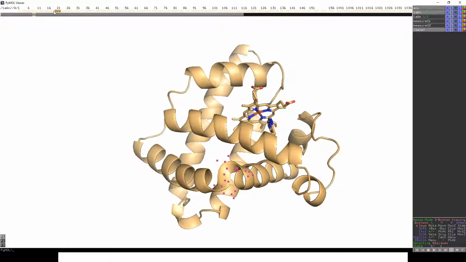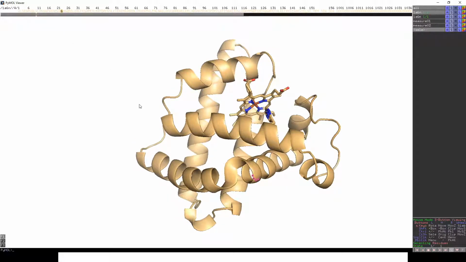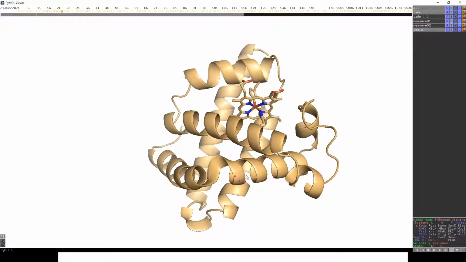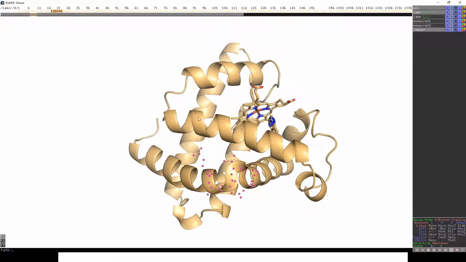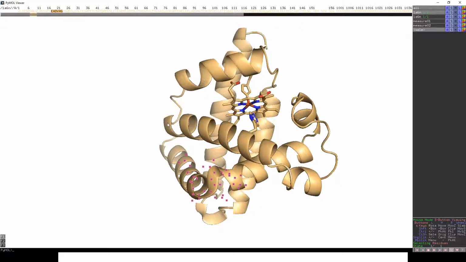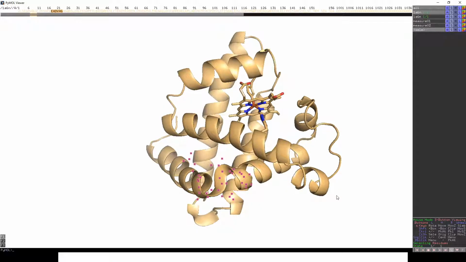Well, as it turns out, there is a glycine right here, but this appears to be something of a natural bend. This is not a proline-induced bend per se. It just happens to be a bend that is likely due to stabilization or intramolecular interactions occurring elsewhere that induced a bend, but it's a bend.